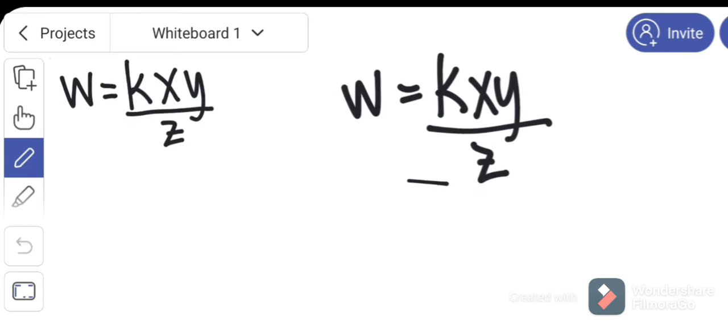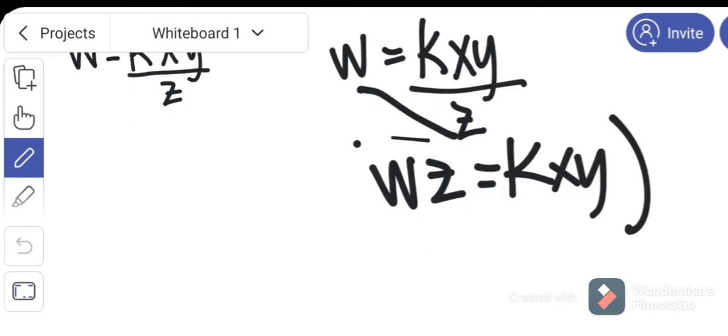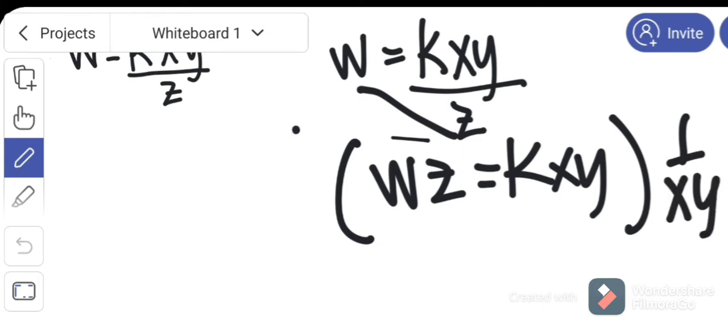So, we'll cross multiply, we'll have wz is equal to kxy. And we need to eliminate the two other variables beside k. So, we will multiply both sides by 1 over xy.